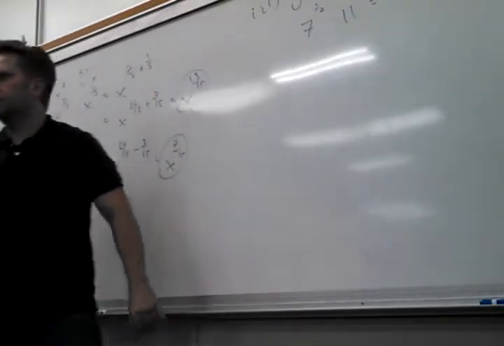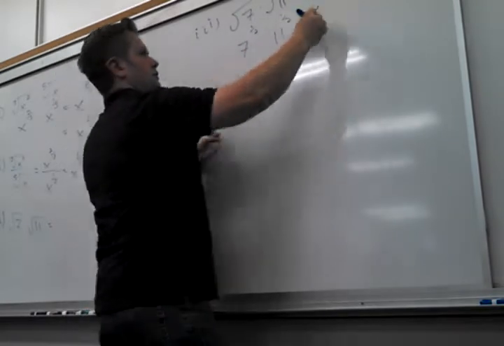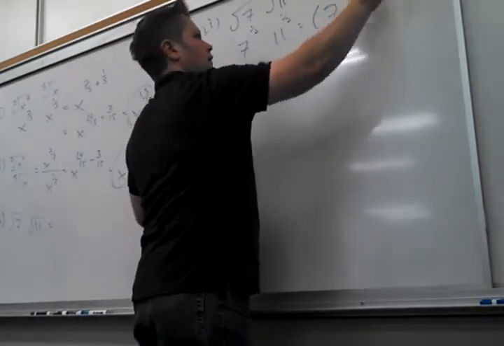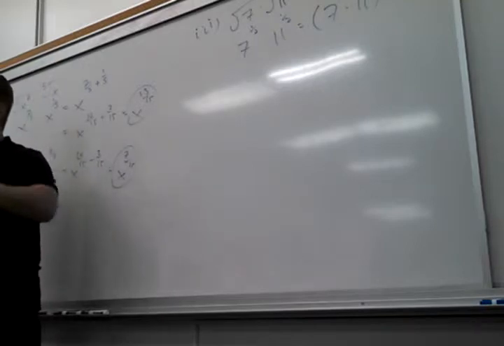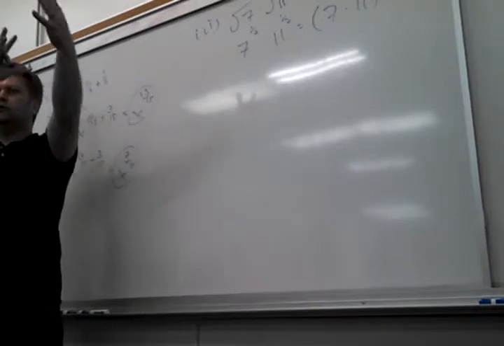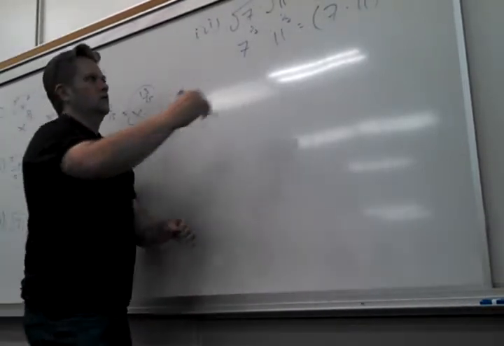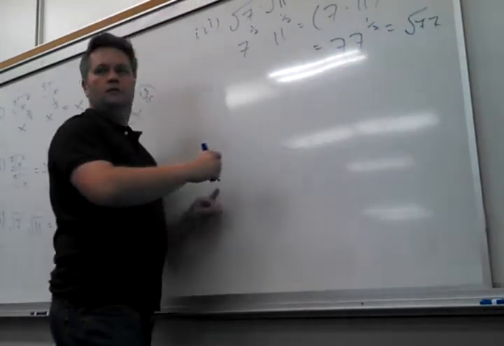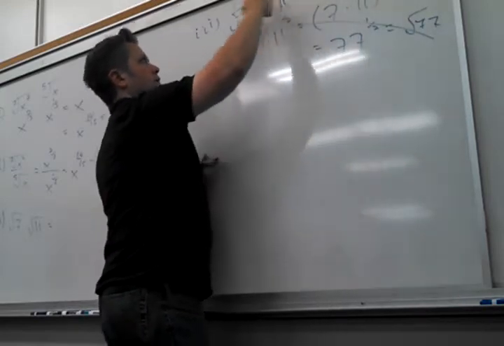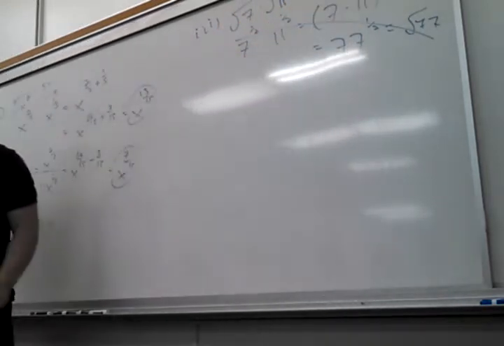Now watch this. Can't I take a 1/2 out? Do I have to do that? No, thank God I don't have to do that. That's why I'm allowed to do it. If they're the same roots, that common root would come back out. Unpowered distribution, right? So then I just get 77 to the 1/2, which is the square root of 77. Same root, multiply, square root of 77. Done.